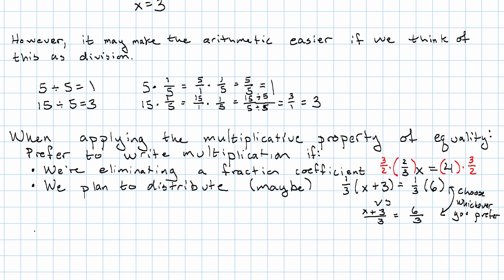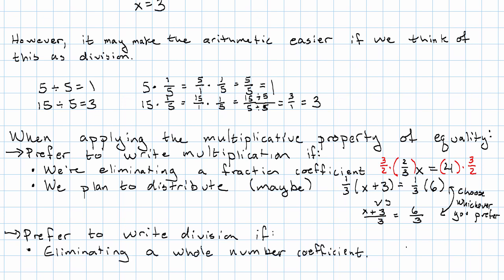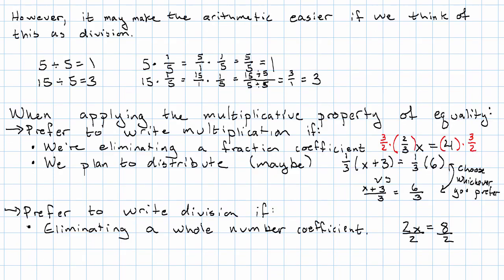On the other hand, there are also times when we prefer to write division. We definitely prefer to write division if we're eliminating a whole number coefficient. So if we're solving 2x equals 8, we definitely prefer to write division by 2 rather than multiplication by 1/2.